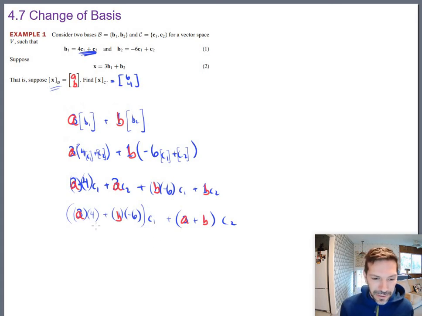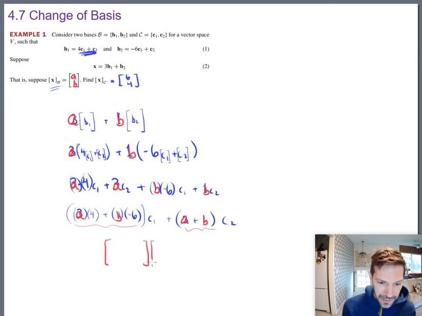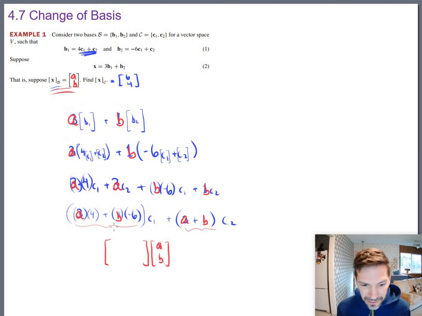And I want to point out that we're just trying to calculate that number right there and that number right there. Those are the C coordinates, and I can rewrite this as a matrix multiplication, something times AB, right? That's really what I want, is how to take B coordinates, multiply them through some matrix, and get C coordinates as a result.